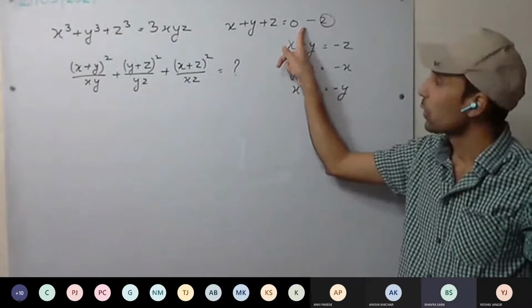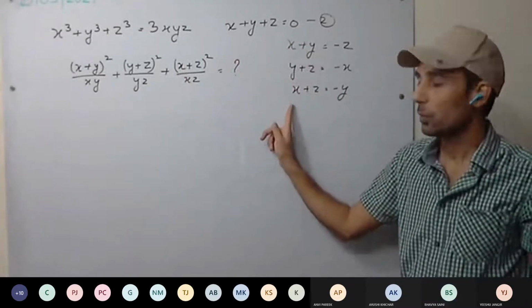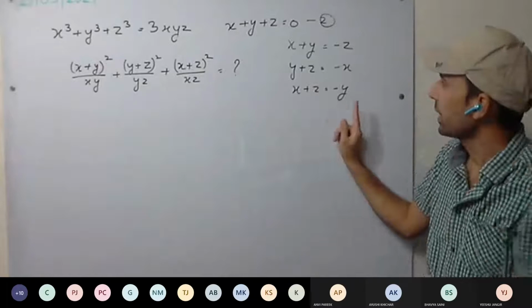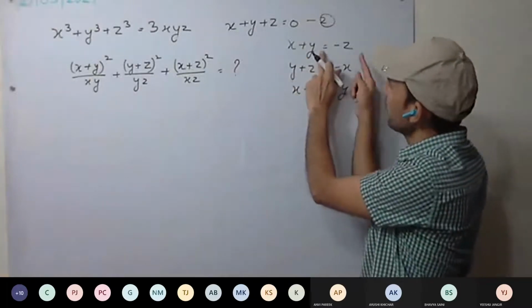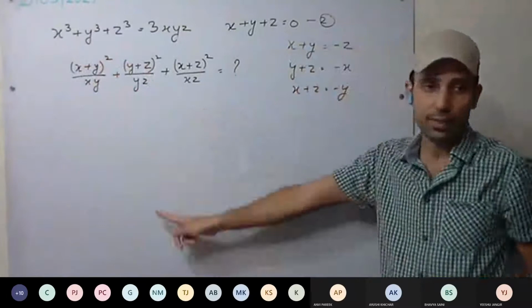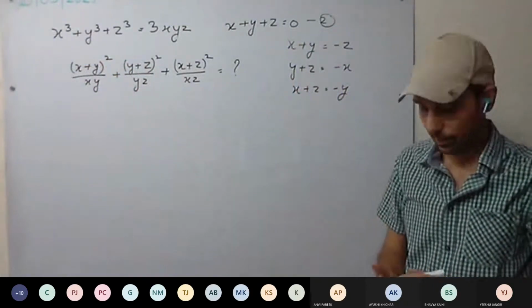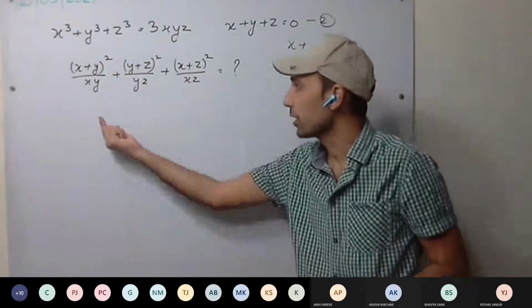Solve till here in your notebook. Then substitute the values: x plus y as minus z, the whole square. Substitute everyone and find what you are getting.